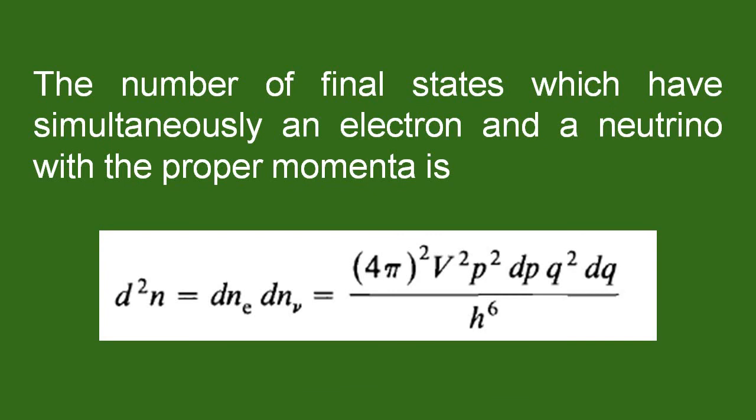The number of final states which has simultaneously an electron and a neutrino with the proper momenta is, you are writing as d squared n, which you can take as the product of dne and dnu, and they were 4 pi by h cube V p square dp for electron and q square dq for neutrino. So combining them it will be (4 pi) the whole square V square p square dp q square dq by h raised to 6.